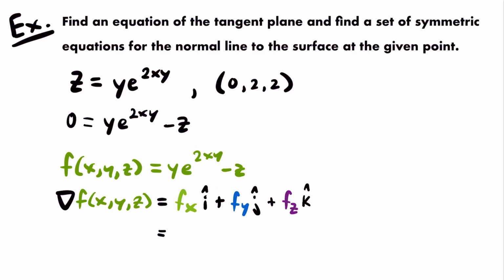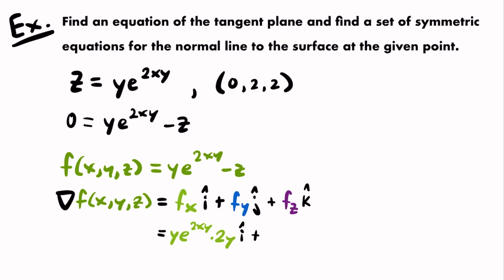Okay, so what we'll get here is y times e to the power of 2xy multiplied by the derivative of the exponent, which with respect to x would be 2y, because x is to the first power, so its derivative would be its coefficient, or the constants multiplied by it, which is 2y. Okay, so we multiply by 2y, and that gives us the x component for the gradient.